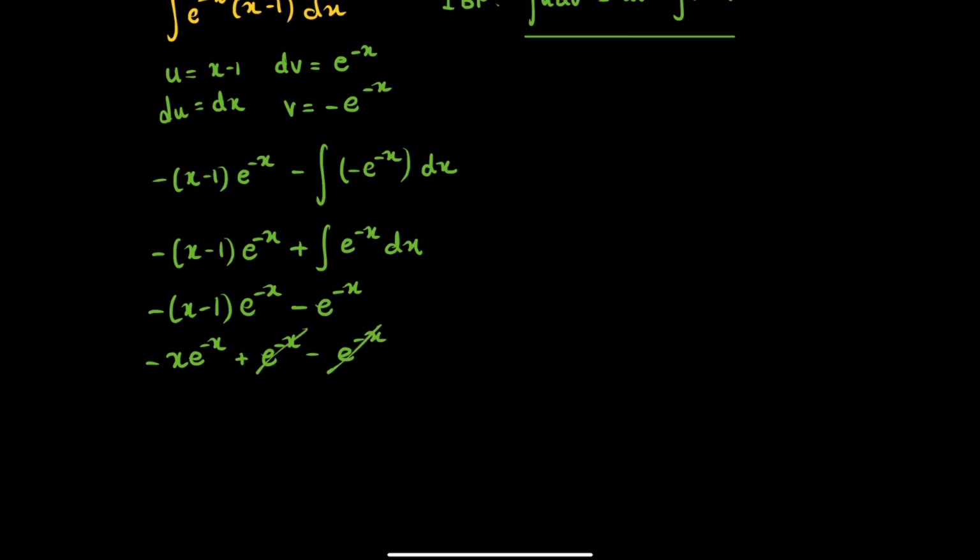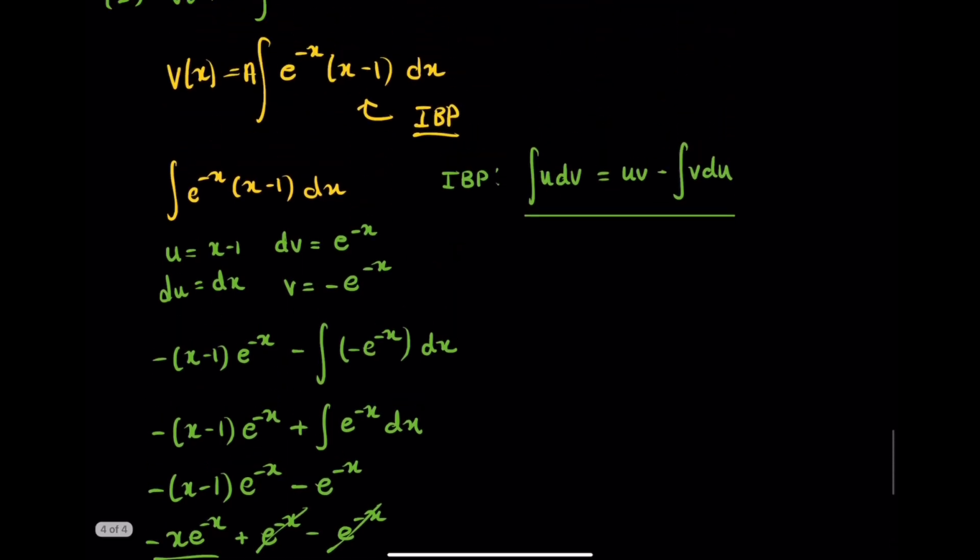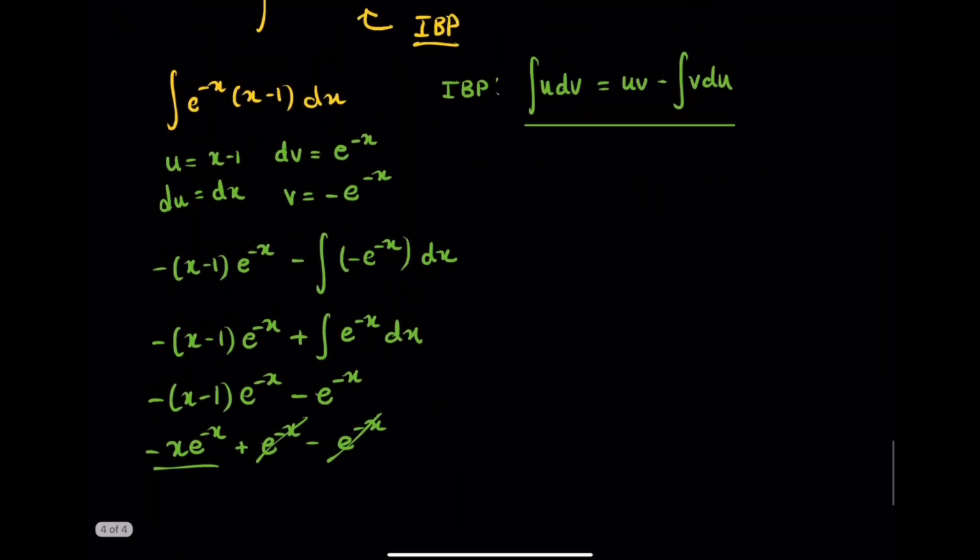These two terms cancel, and then you're just left with minus x e to the minus x. So therefore v(x) is equal to minus x e to the minus x. All right, and now we've done step 2.